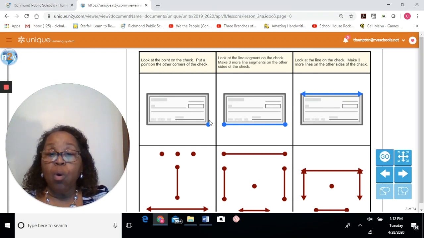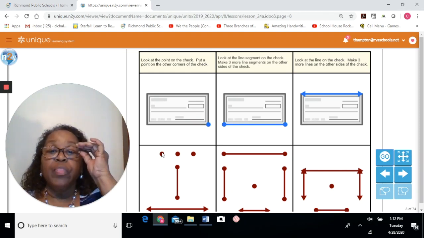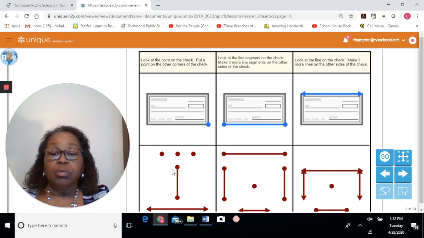So remember, a point is just a dot. So we want to put a point on the other corners. So this is not a point. This is a line segment right here. And this is a line. It goes on forever. So this is a point.